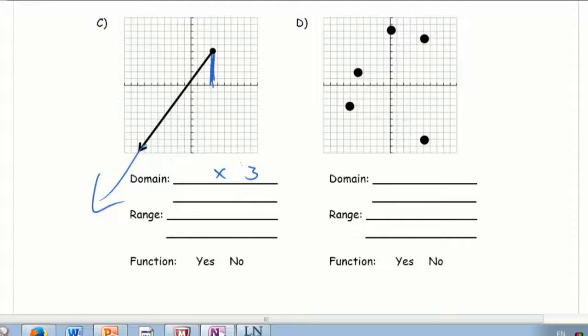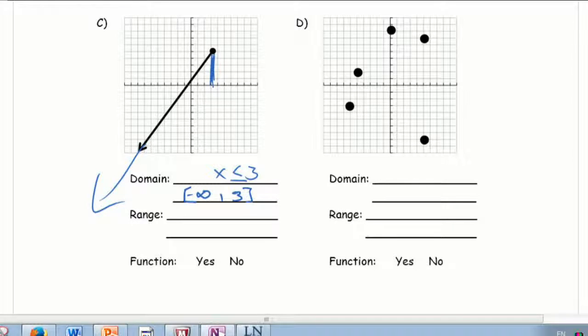So all of my x values are going to be less than or equal to 3. I don't have anything over on this side because I'm going to deal with every negative value. So just everything that's less than 3. That's it. If I wanted to write that as a set, I could go negative infinity to 3. And I could write it like that.